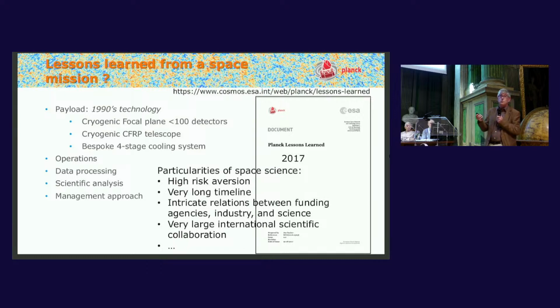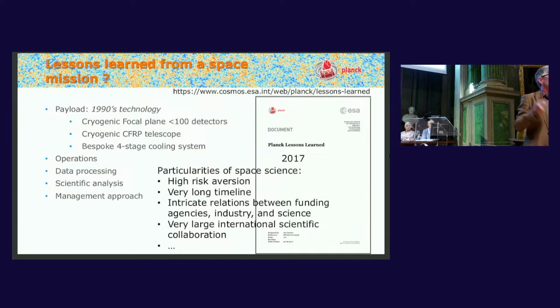On the other hand, you have to remember, again, we're talking about 30-year-old technology for the detectors. That kind of detector is not going to fly anymore, maybe much improved versions of those. Maybe more importantly, we have to remember the camera we flew had less than 100 detectors total.